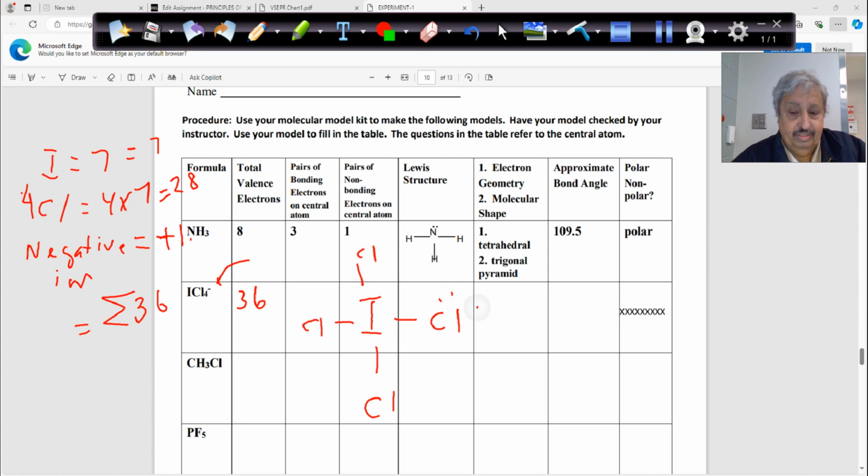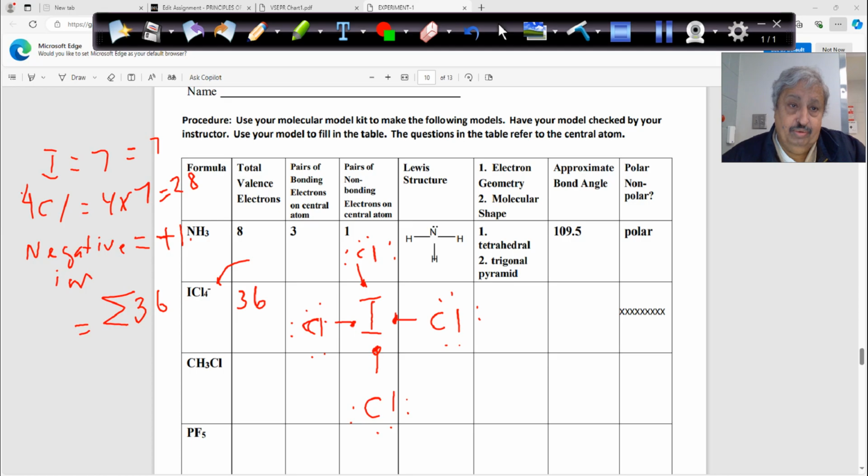So 7 electrons of chlorine here, 7, and here's 7. So the iodine is missing out of the 7. Look, guys, there. Those are 4, because it has another one we added. It has 3 plus 1, the negative ion.